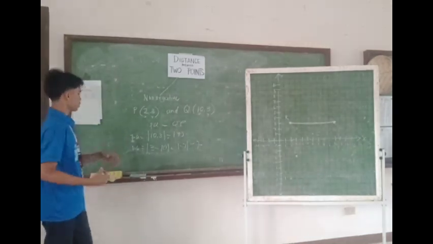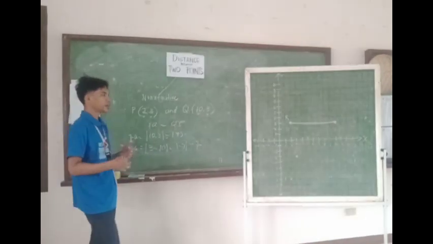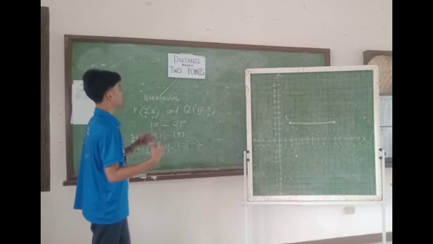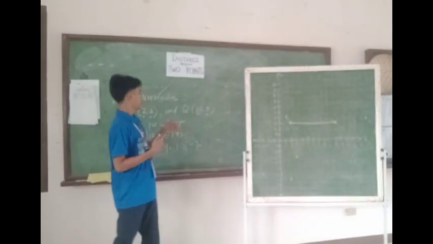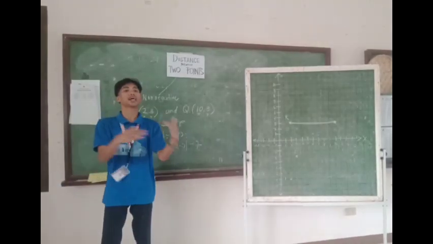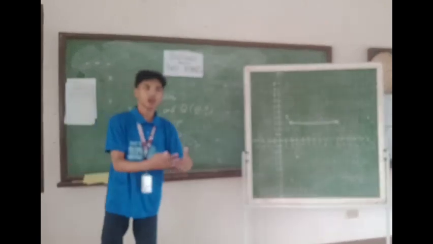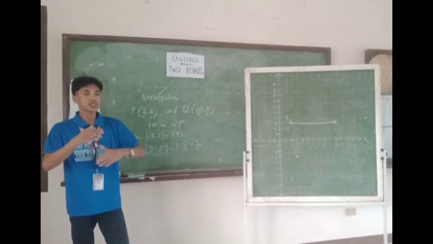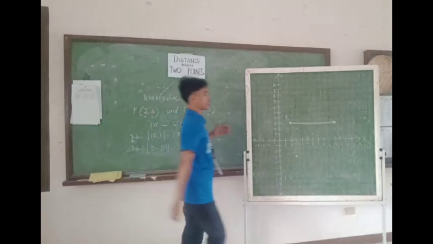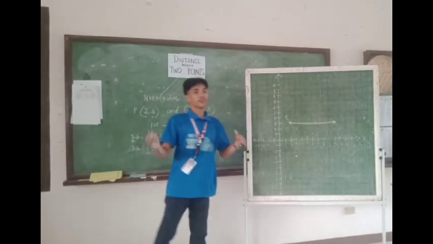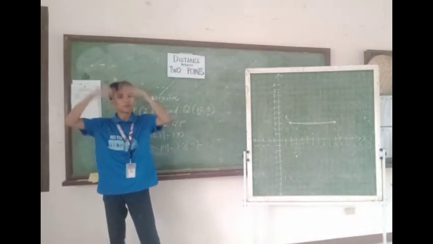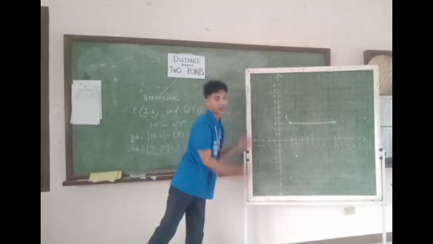You just make a coordinate plane and find their distance if the 2 points are lined vertically or horizontally. Again, if the line is horizontal, it should be in the x coordinates. If the line is vertical, it should be in the y coordinate.